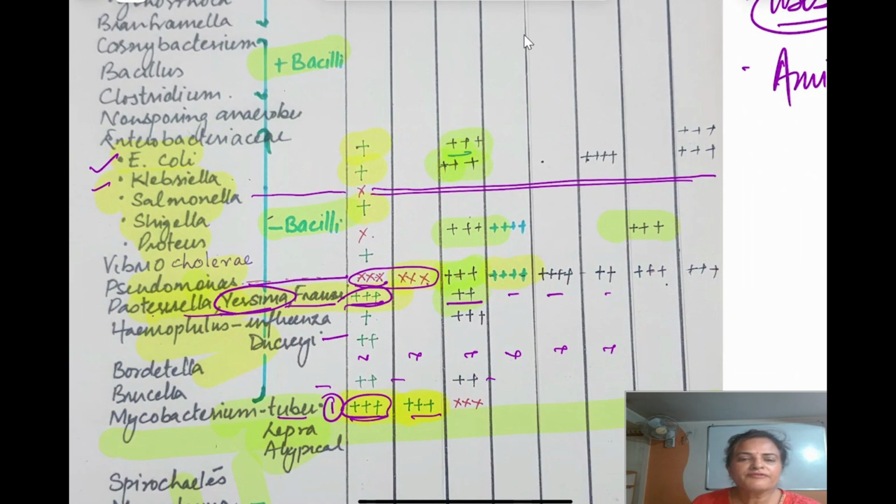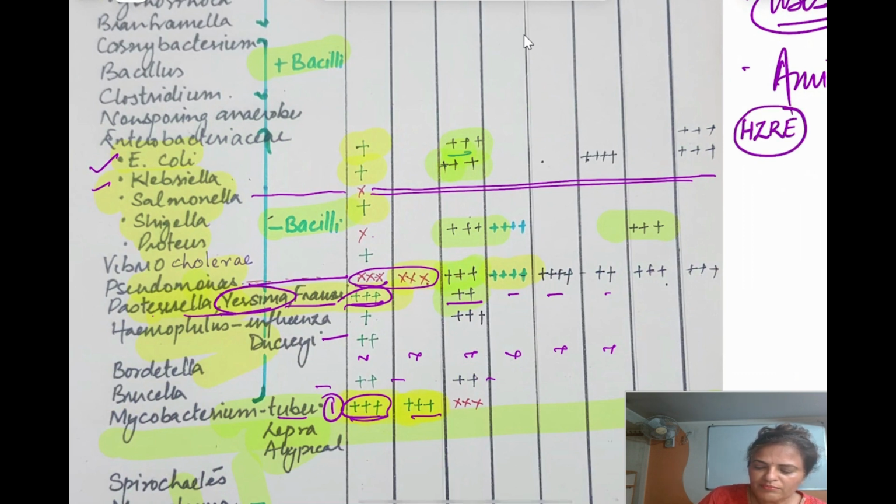So पहले इसको करते थे first line में, but it is not used because this is given by parenteral route. So first line में आपकी क्या है, INH, that is H, pyrazinamide, rifampicin and ethambutol. Whereas streptomycin, it is a second line drug, because we give it by parenteral route. So first it is for the tuberculosis, Mycobacterium tuberculosis. फिर उसके बाद Yersinia pestis आपका plague आ गया. Then for the tularemia, these are the therapeutic uses of the streptomycin.